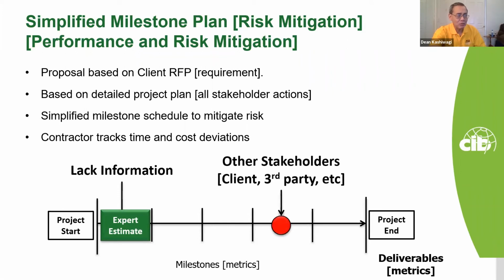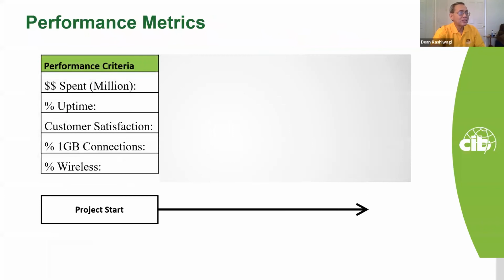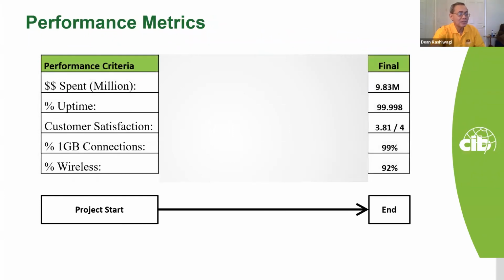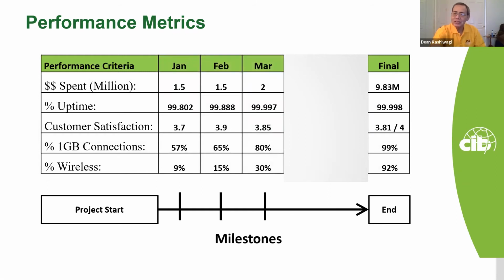Anytime there are other stakeholders who they can't control, but they know these stakeholders will cause the risk, they have a risk mitigation plan. And this is all it is. Very simple. So what happens is from the very beginning to the very end, before anything happens, all we want to know is what do the metrics look like?